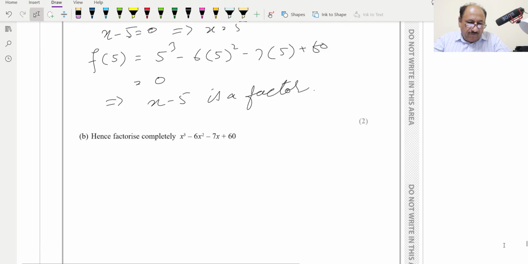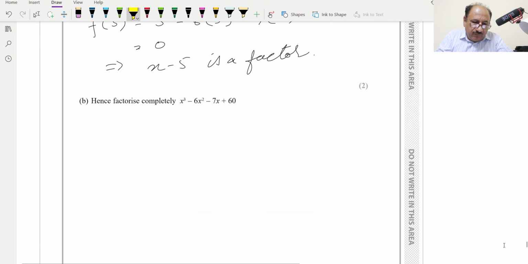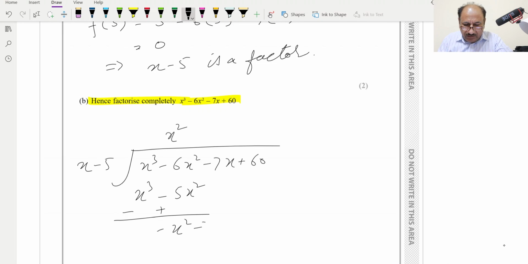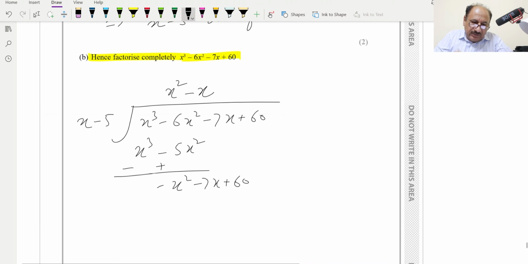Now hence factorize completely. We have to factorize this expression completely, and what we will do is divide x cubed minus 6x squared minus 7x plus 60 by x minus 5. First we will divide by x squared, so it will be x cubed minus 5x squared, and change sign, and this will be minus x squared minus 7x plus 60. Now we can multiply by minus x, we will get minus x squared minus 5x.